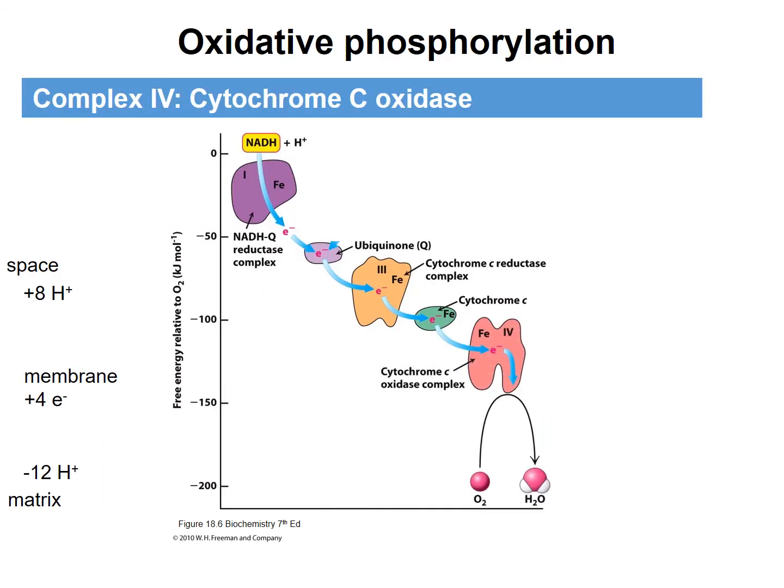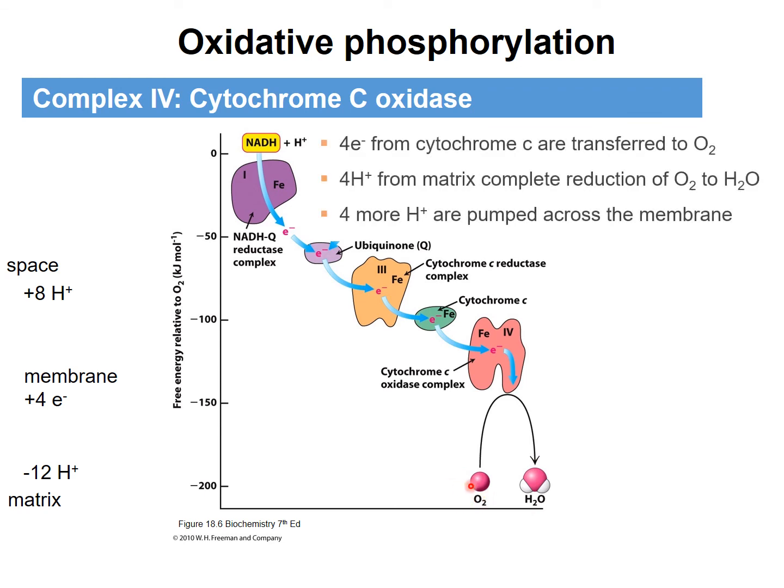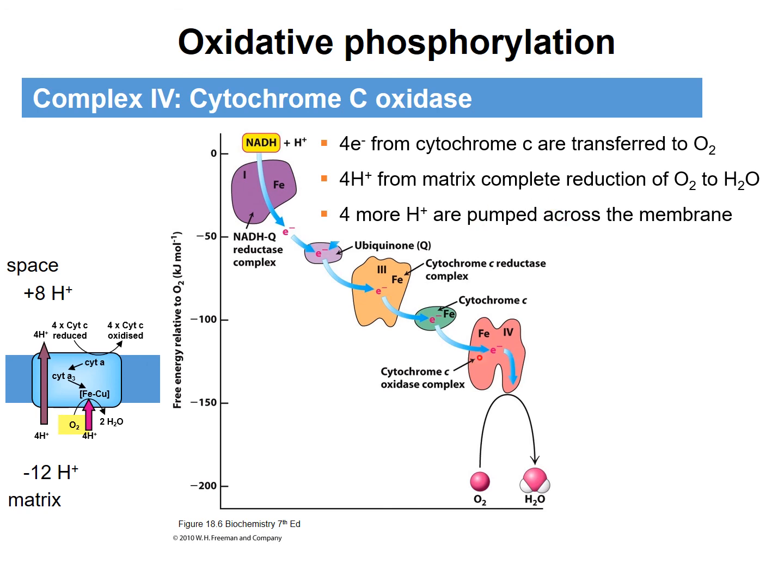Okay, here comes the final complex, the cytochrome C oxidase complex. It will receive electrons from cytochrome C and pass them to the final electron acceptor, that is the oxygen molecule. In this process, 4 electrons from cytochrome C will be transferred to oxygen, and at the same time, 4 protons are transferred to the oxygen so that it will be reduced to form water.